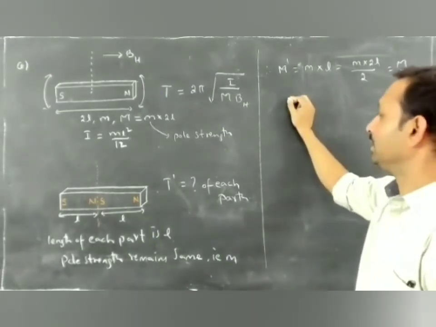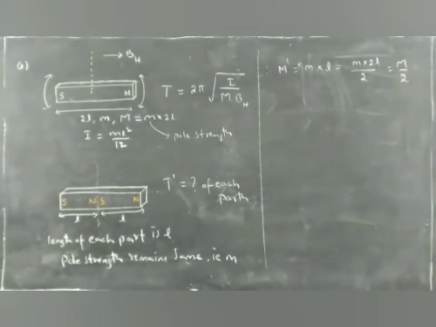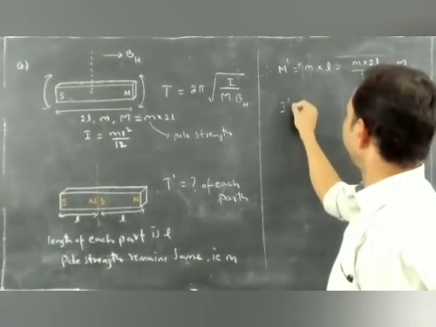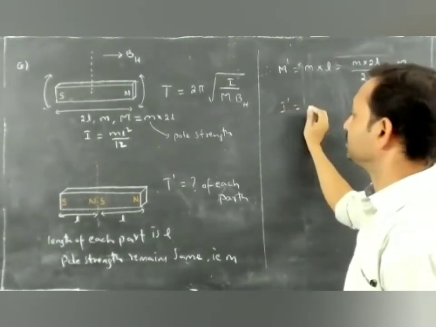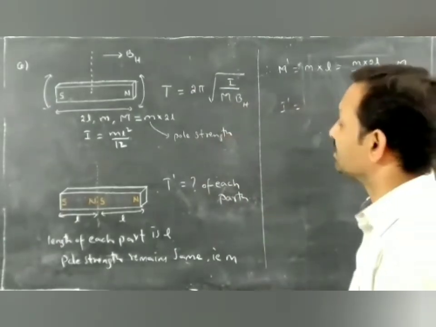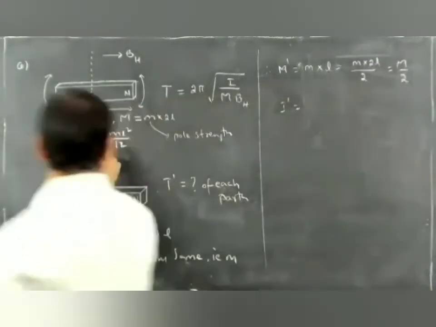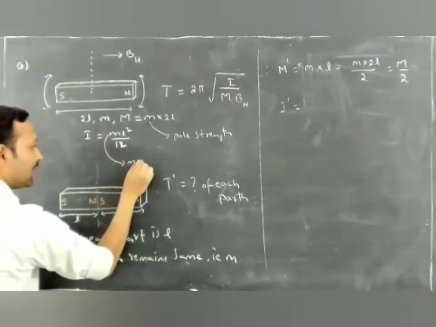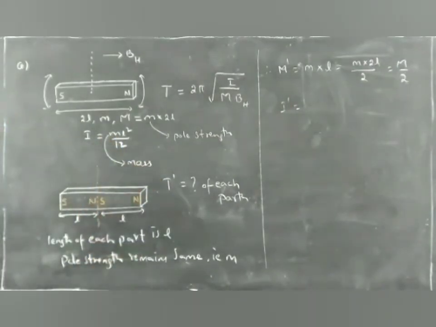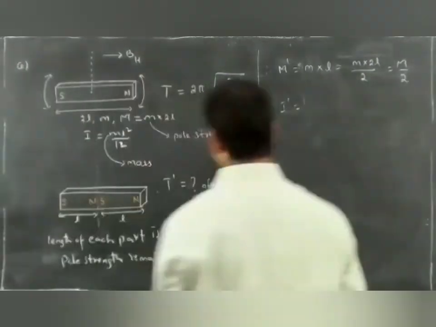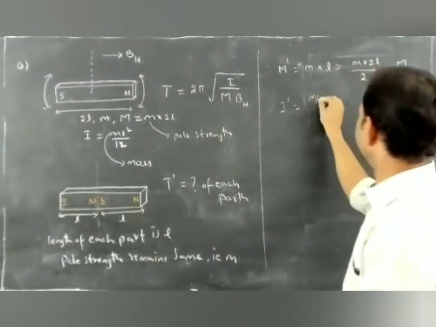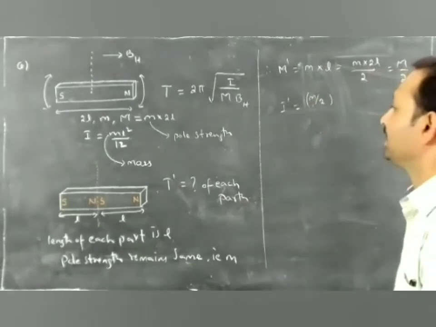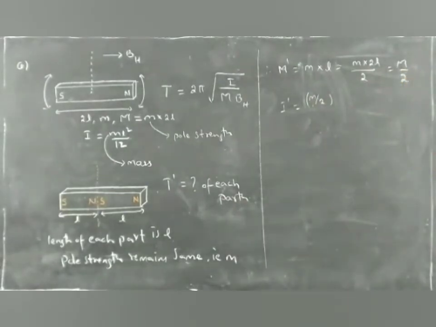Now what about the moment of inertia? I is the moment of inertia, and I prime for each part is the mass, which becomes exactly half, M by 2, into L square.